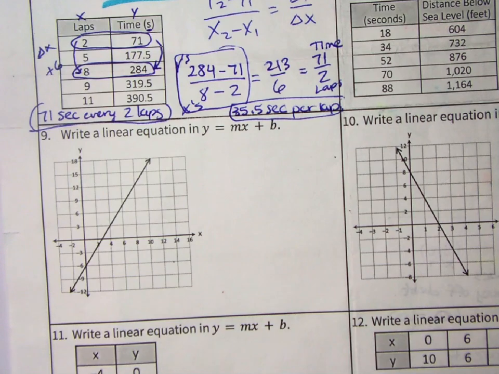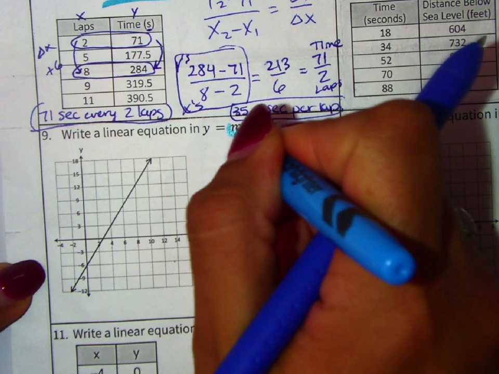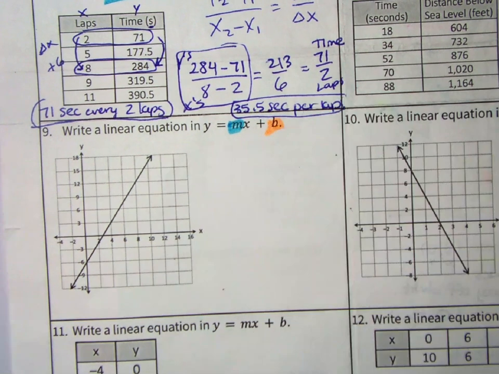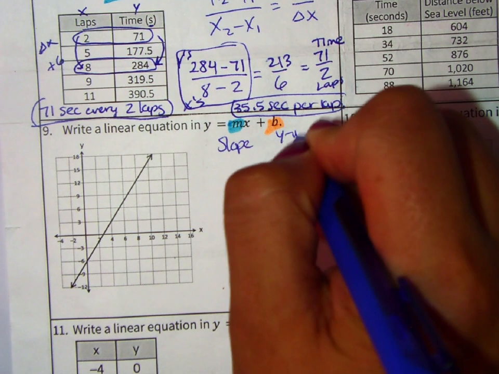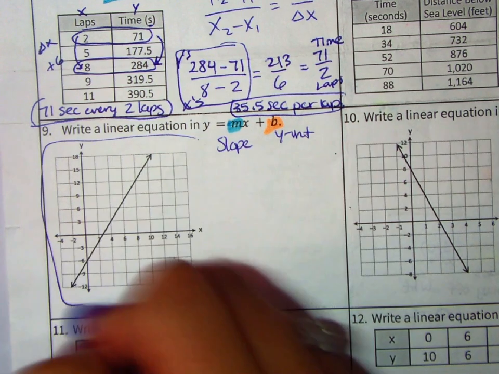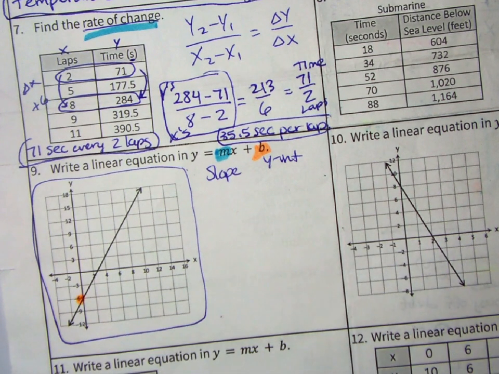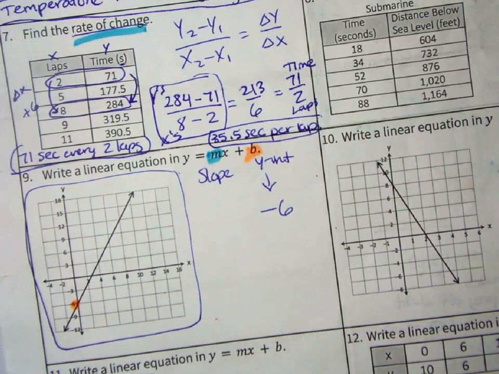Number 9 is asking you to write an equation. And again, we need the slope, the m, and the b, the y-intercept. So we need to find the slope and the y-intercept. From a graph, the y-intercept is super easy to find, just on the y-axis. What's that value? So we have a -6 for the y-intercept.